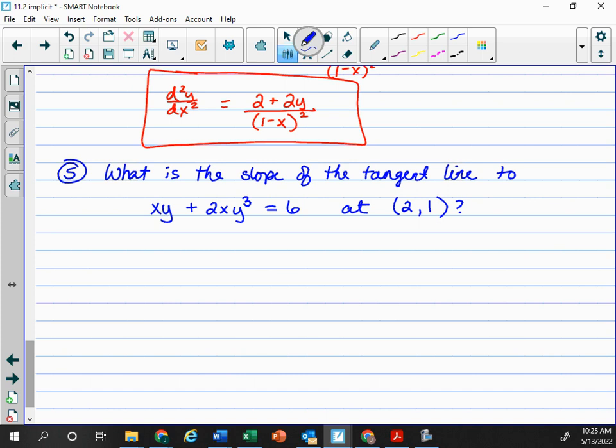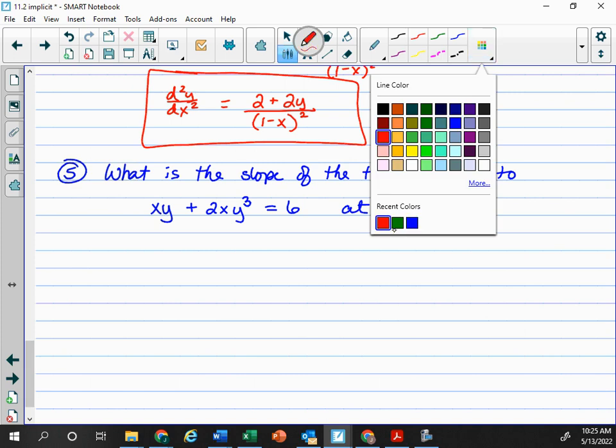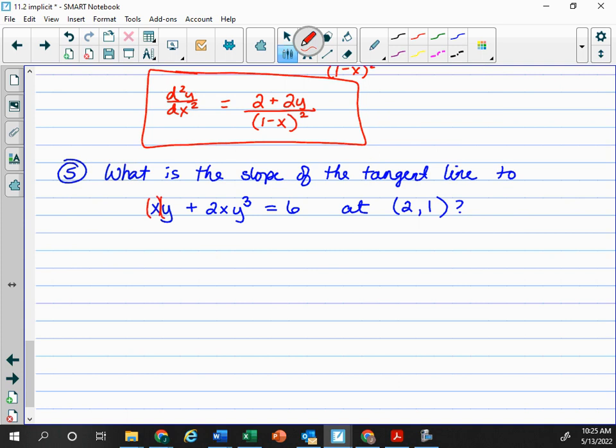Okay, you guys are going to try this one on your own. Do you see product rule twice here? Okay. So it's x times y, 2x times y cubed. Okay. All right, so I'll give you a few minutes here.